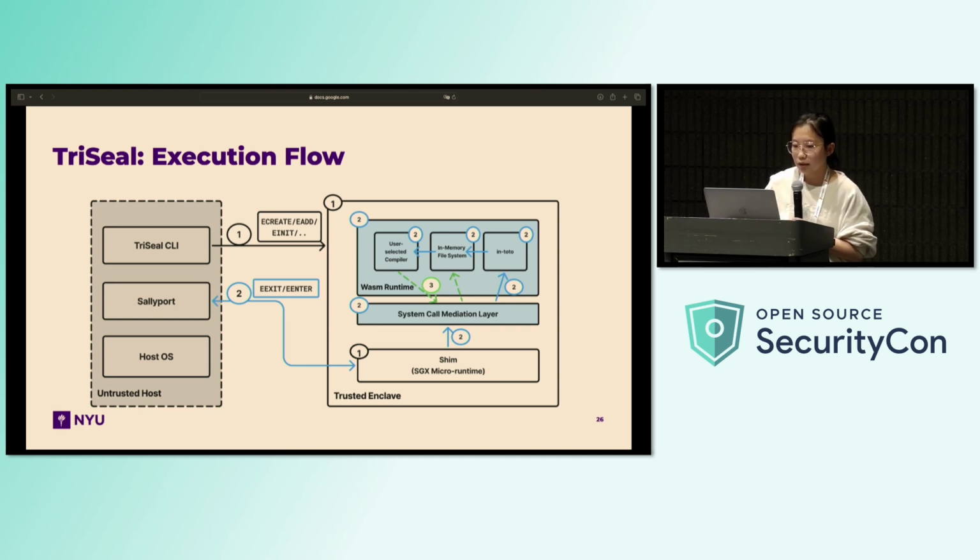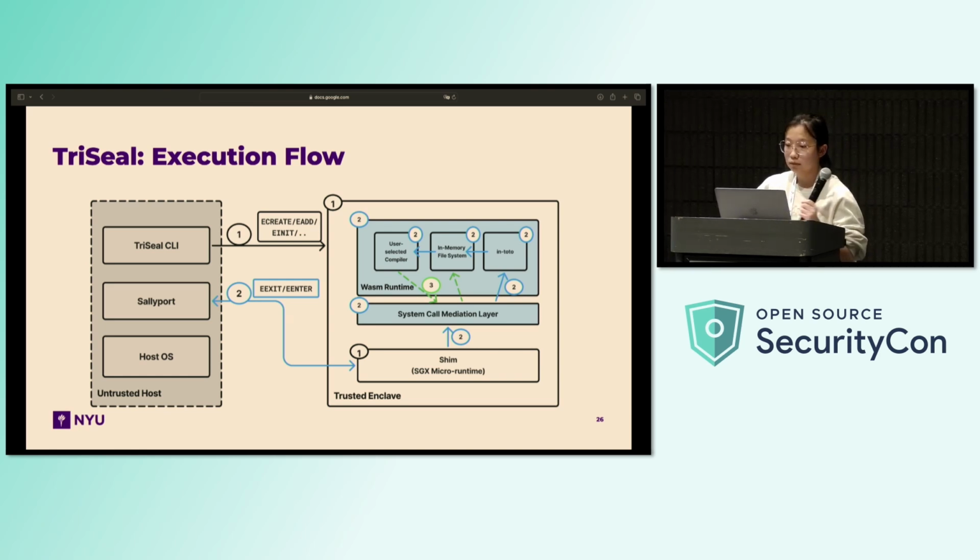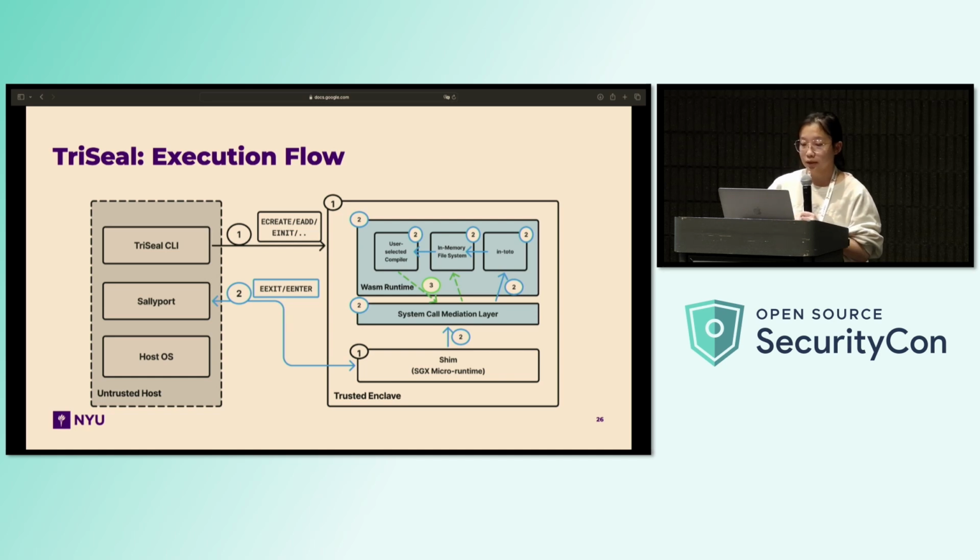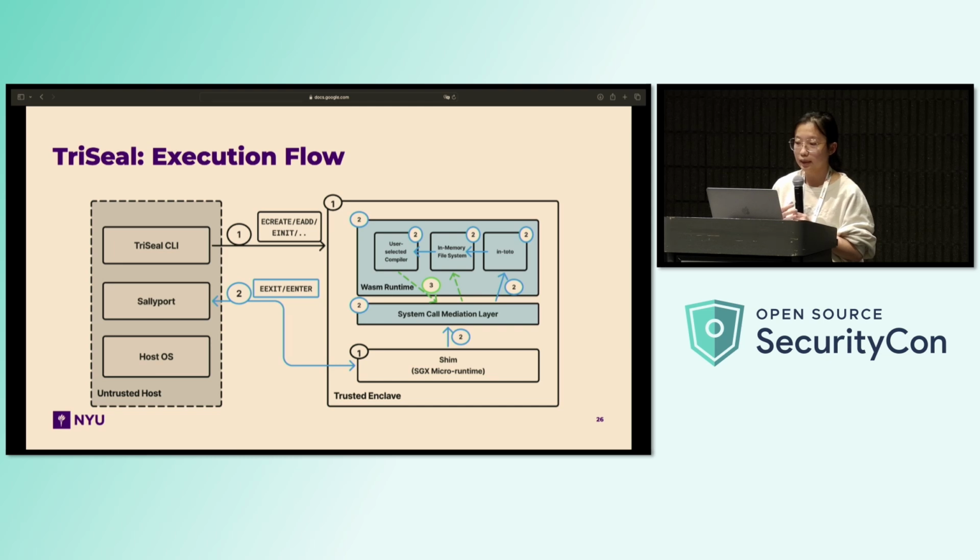Here's the execution flow of the tri-cell. There are three phases for the build with tri-cell. First, in the first stage, the user will create an SGX enclave through the tri-cell CLI using a configuration file to specify runtime and build parameters, which triggers the enclave initialization.